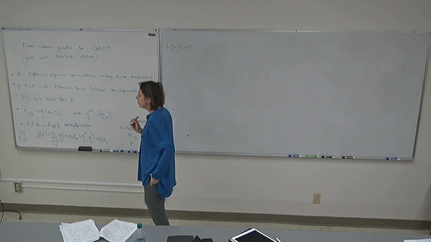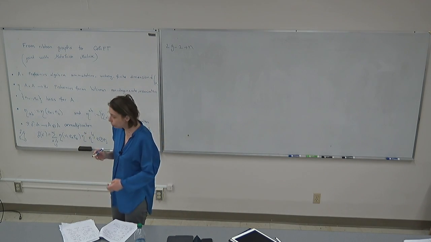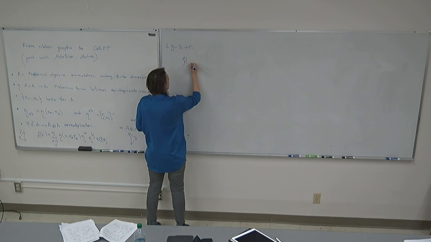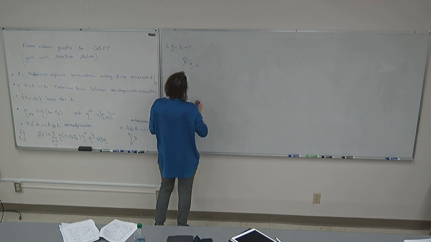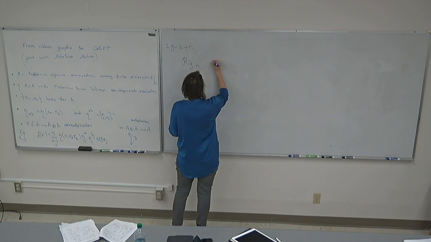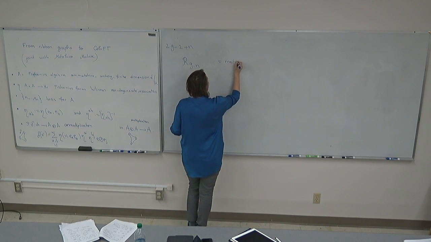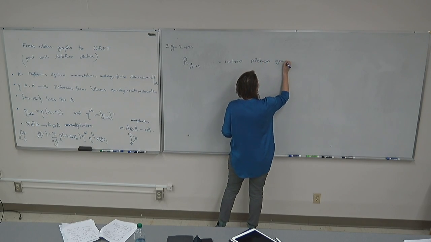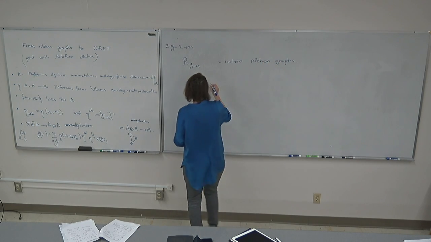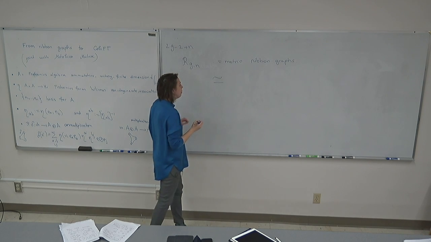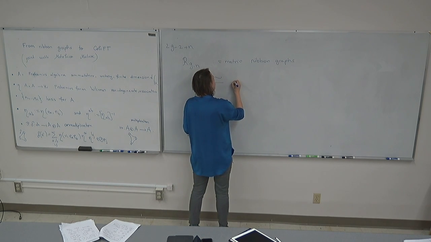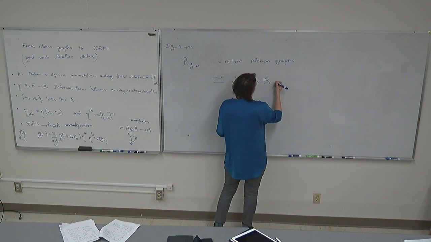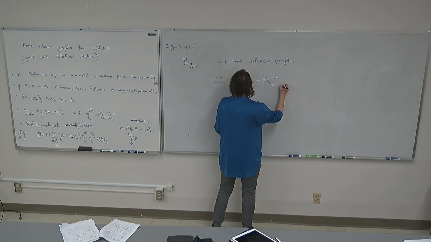I will use also the language of vector spaces. I'm going to recall from yesterday that RGN is the set of metric Riemann graphs, and I'm not going to introduce it again, but this is a real orbifold that is isomorphic to MGN times R plus to the n.